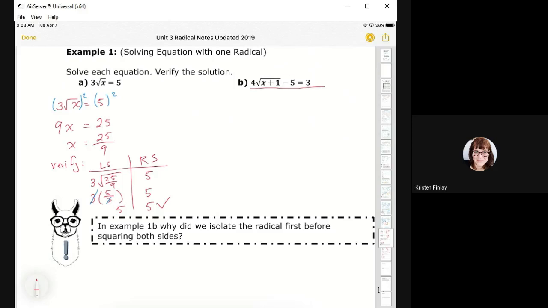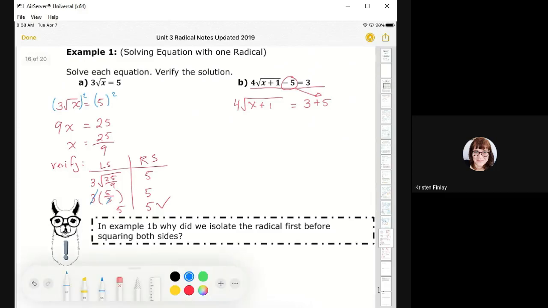So we're going to move the minus 5 over to the other side. I get 4 square root x plus 1 is equal to 3 plus 5. Basically I just moved that 5 over, doing the opposite operation on the other side of the equation. Once I do that, I'm going to simplify: 4 square root x plus 1 equals 8.